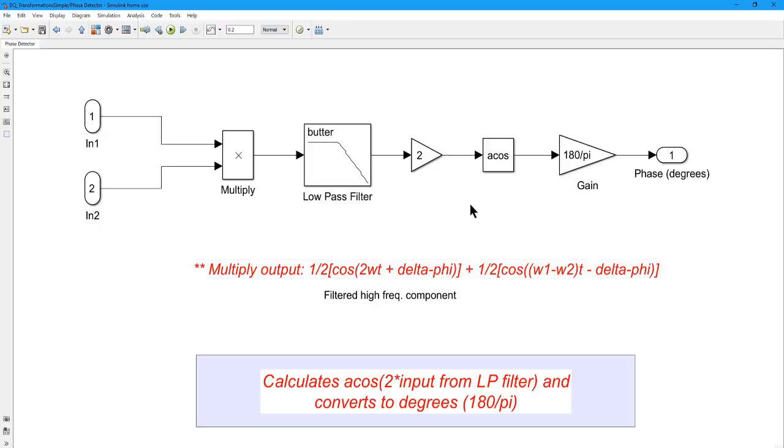So you can see this simple system just calculates the arc cosine of 2 times the input from the low pass filter, and converts it to degrees by multiplying times 180 over pi. So that is a basic phase detector that converts 2 sine waves with a phase shift to a number of degrees between them.